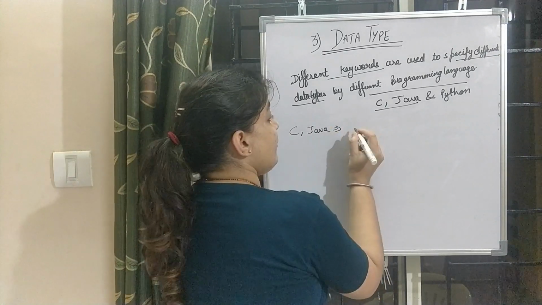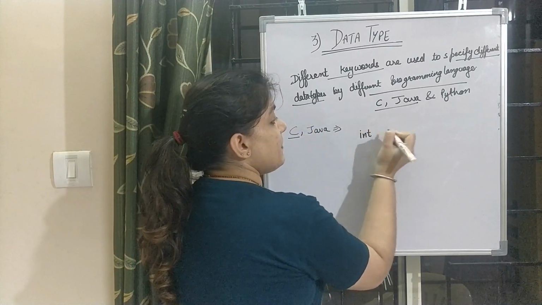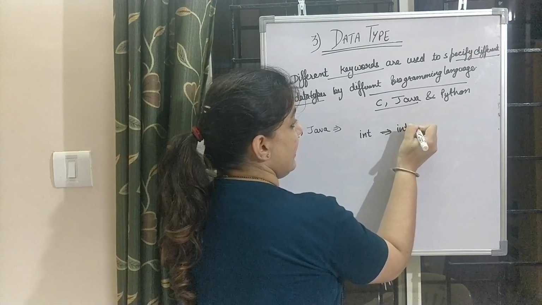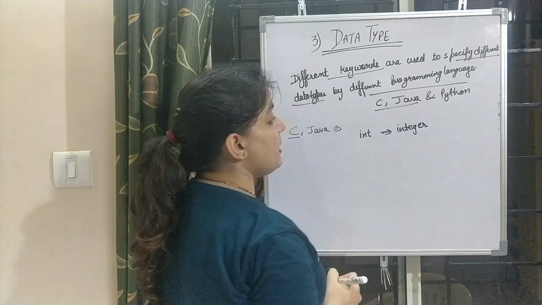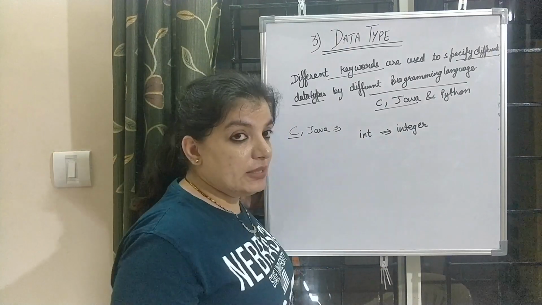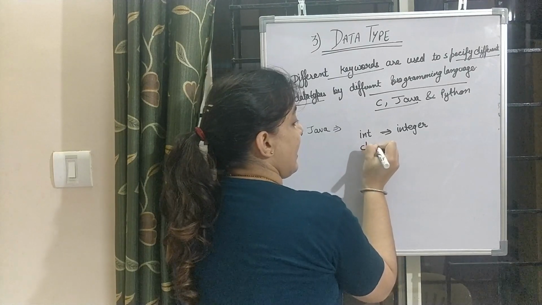In C, int is used to specify integer data type. Similarly, in Java, int is used to specify integer data type. Now, the second data type is char.